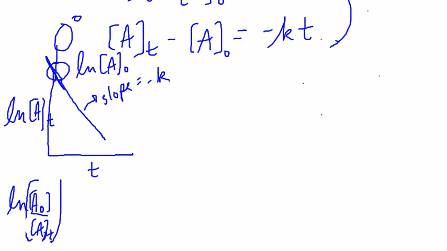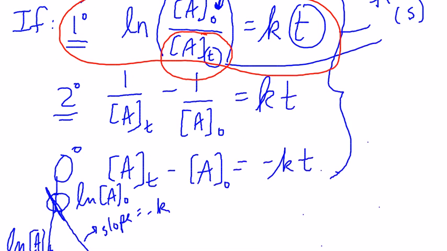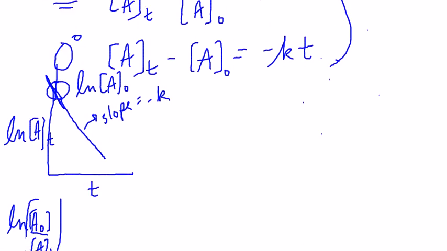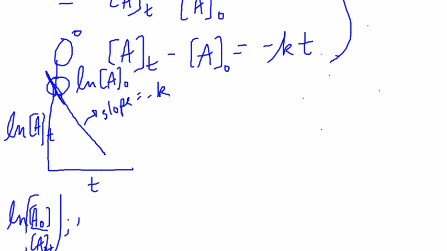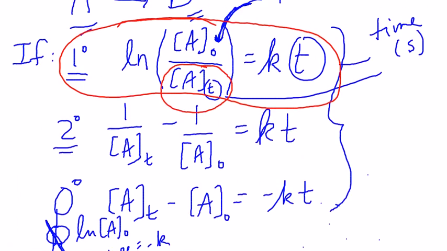We can expand that, and so we take that part of the integrated rate law and write it as ln of A naught minus ln of A at time t is equal to kt.